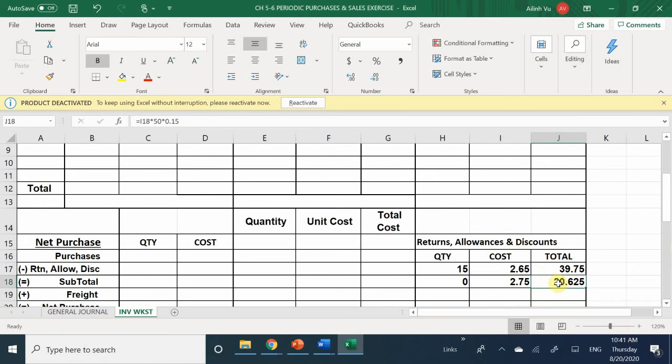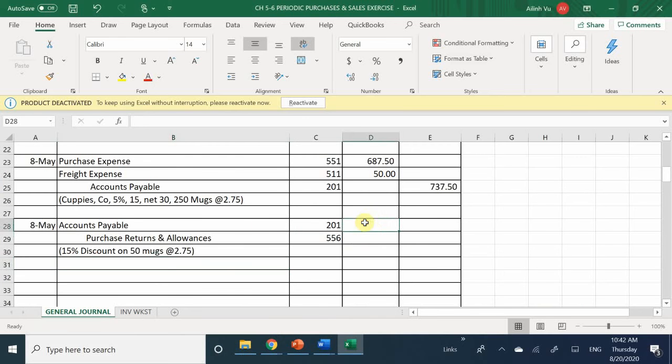Now in this case, we can't have half a penny. So this is where we're going to round our number so we can get whatever amount that we are receiving back from this vendor. So in this case, we're going to round up to give us $20.63. Okay? So $20.63. So here, now we can go ahead and fill in our information for $20.63.